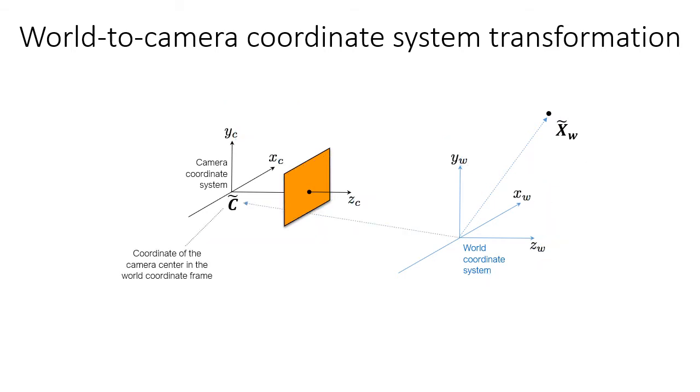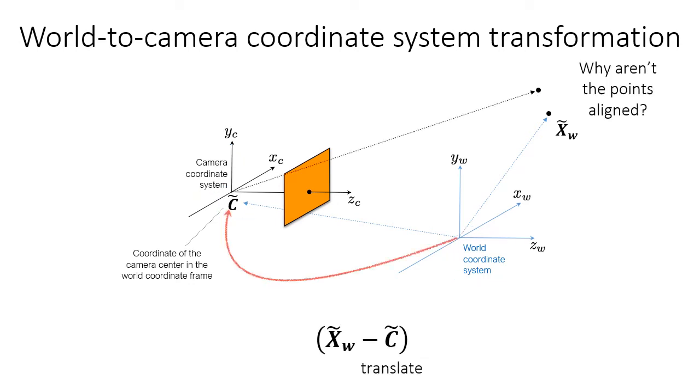Then the coordinate of the camera center in the world coordinate frame, the vector from the world coordinate system to the camera coordinate system, can be written as C tilde, right?